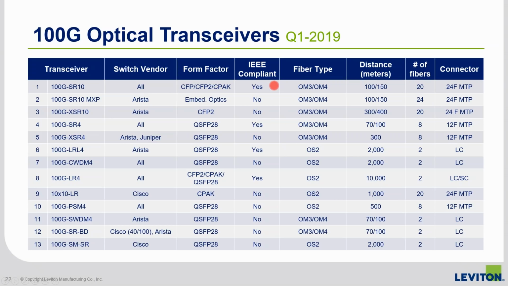One of the key things I wanted to highlight is whether they are IEEE compliant or not. You'll notice that more than half of these are not IEEE compliant. They've been introduced through MSAs, or they're just proprietary, and that's pretty much going to be the norm for the time to come. I just wanted to highlight the options there.